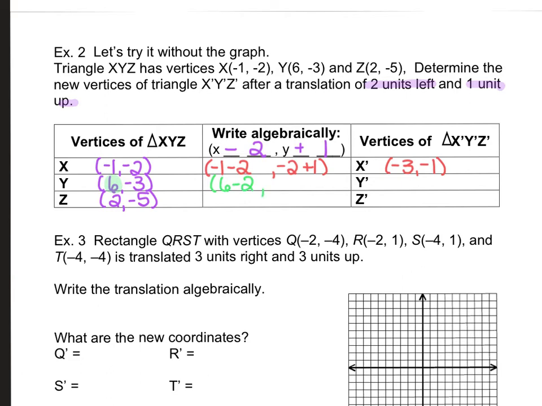And then our original y was -3. So we're going to do -3 plus 1 and see where we end up. So let's do the math. 6 minus 2. Our new x value is at 4 because that is 2 units left. And then -3 plus 1, our new y value is at -2.